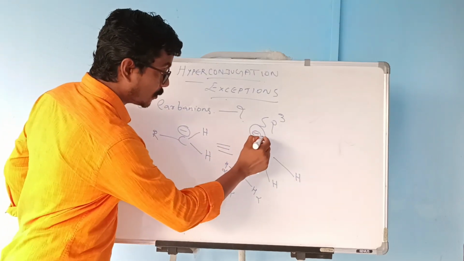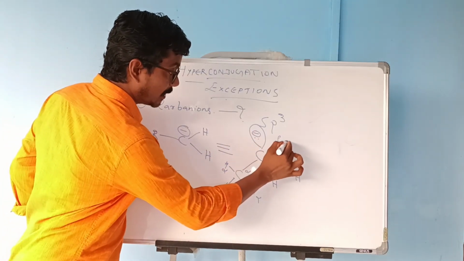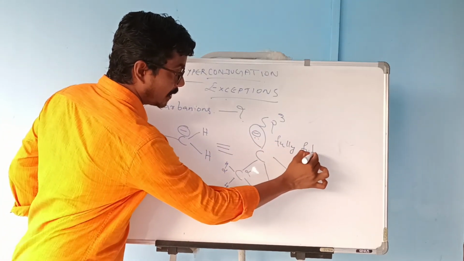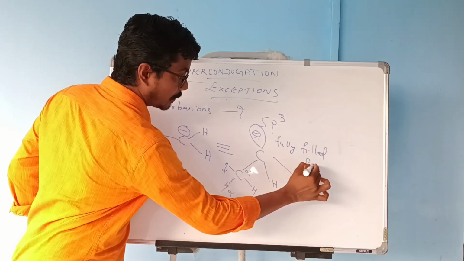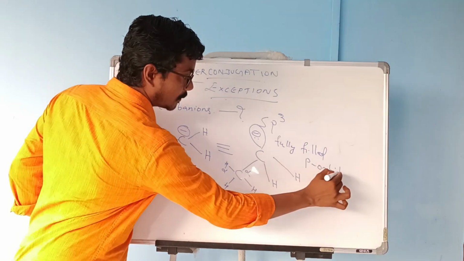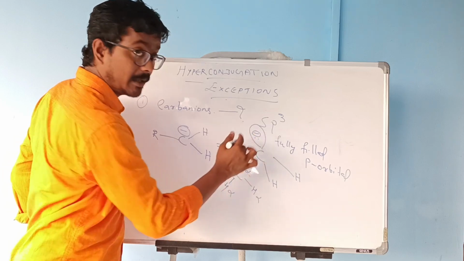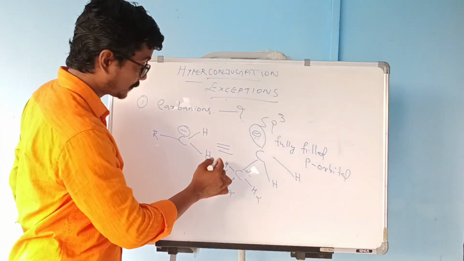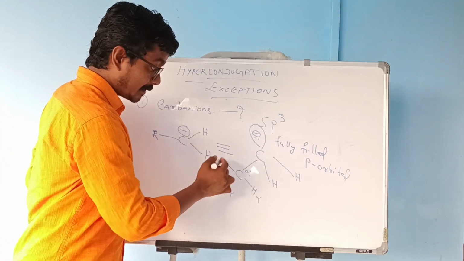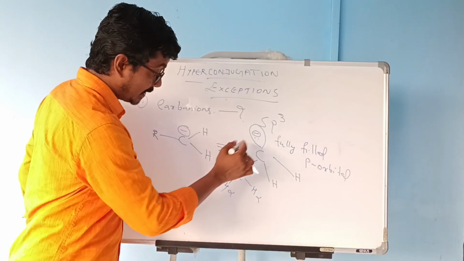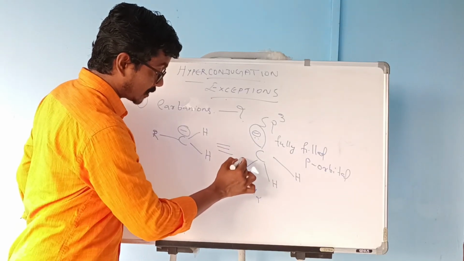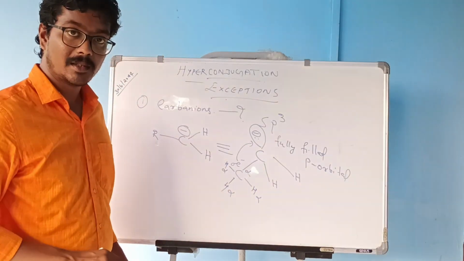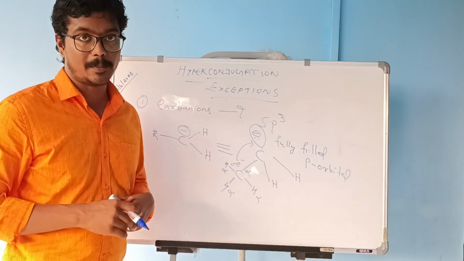Second reason, due to the fully filled p orbital, there is no vacant space for the sigma electrons to be accommodated.